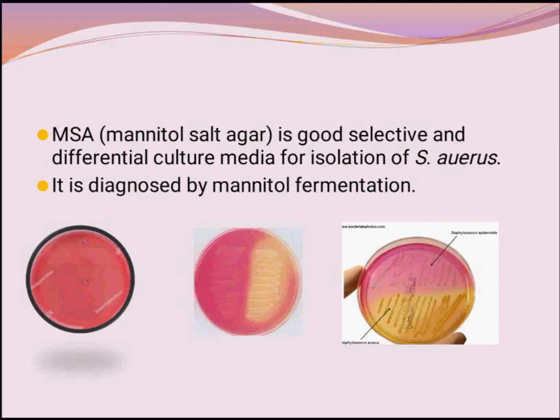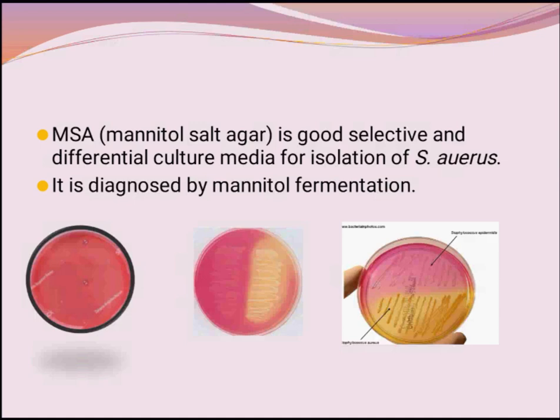Other microorganisms can't tolerate this high salt concentration, so they will not grow on this medium, while the staphylococci can grow because they tolerate the high salt concentration. For that reason, mannitol salt agar is a selective culture medium, causing selection of the growth of staphylococci and inhibiting the growth of other bacteria.